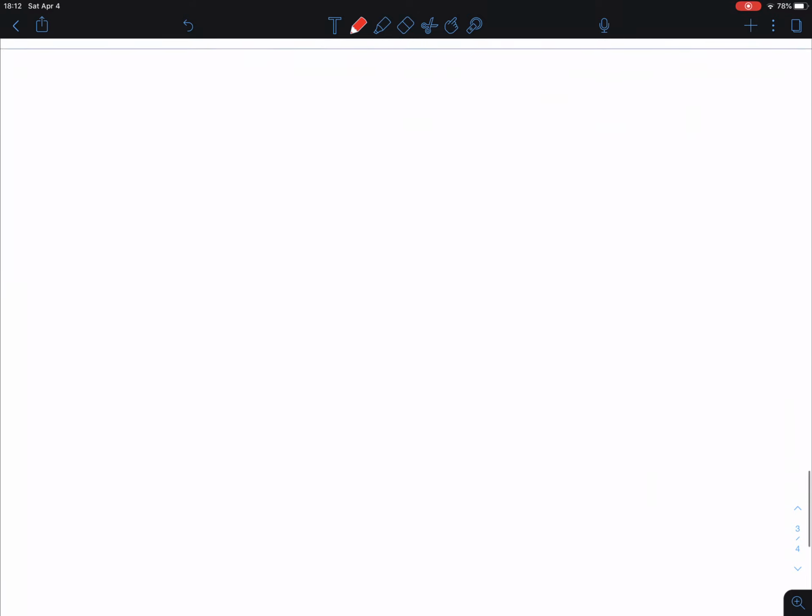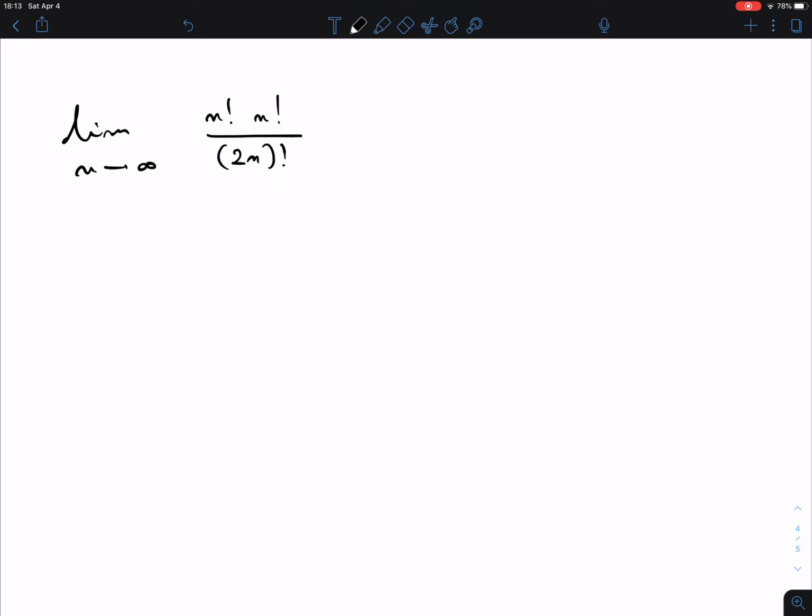I'm going to do one more that's going to be a little bit trickier, but you're going to have to deal with this. So here's one: the limit for n going to infinity of n factorial times n factorial over 2n factorial.